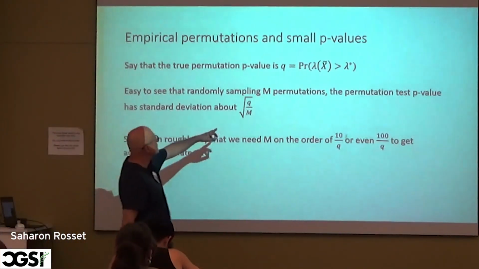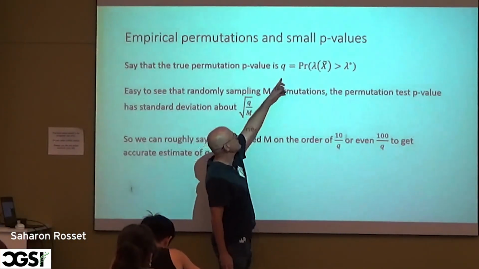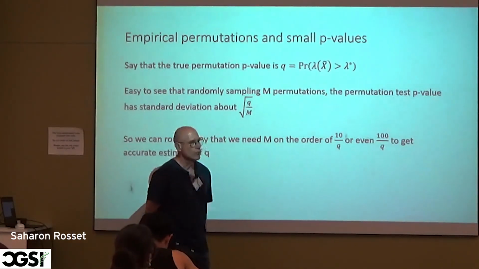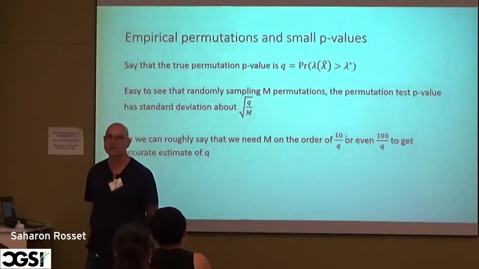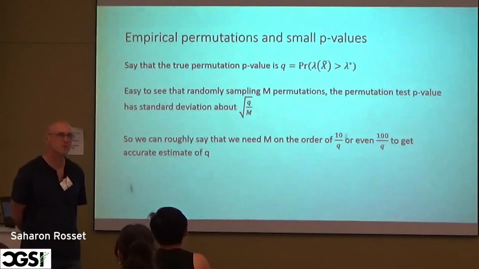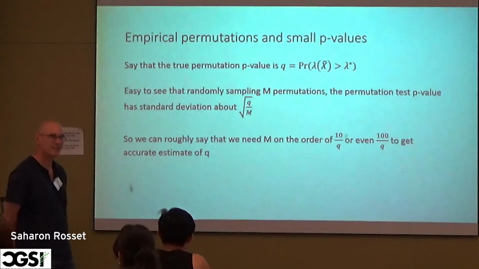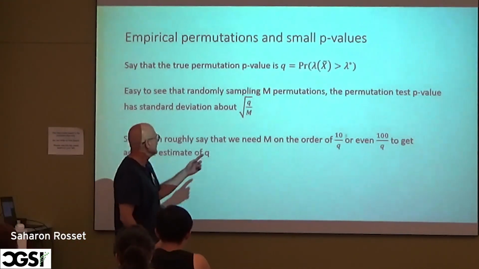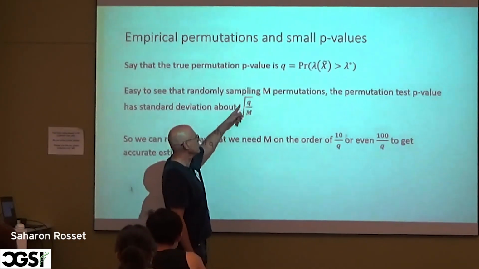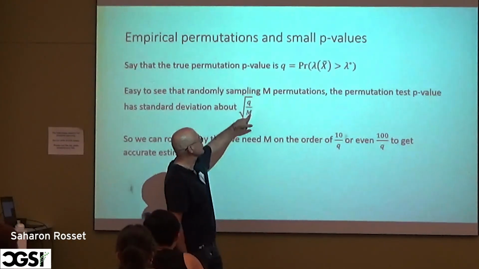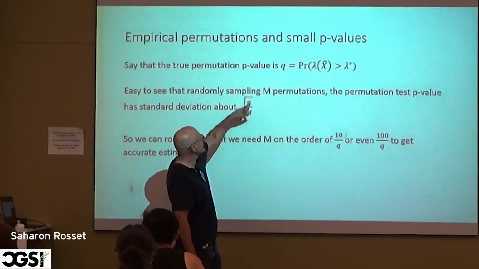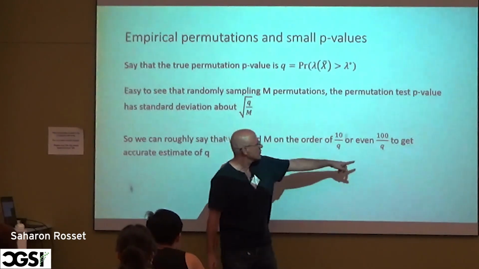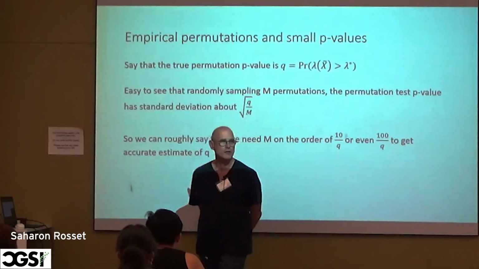That basically means that if I want to get an accurate estimate of Q, I need something like 10 over Q or maybe 100 over Q permutations, depending on how accurate I want my estimate to be. If I want a standard deviation on the order of 10% of Q, then I need 100 over Q permutations.